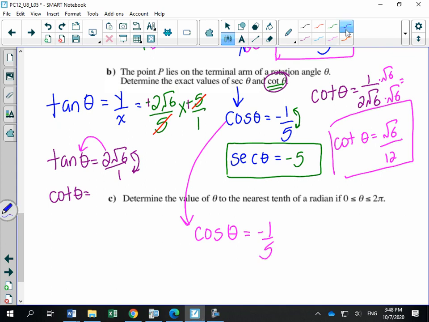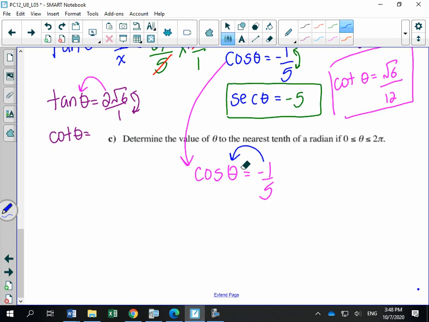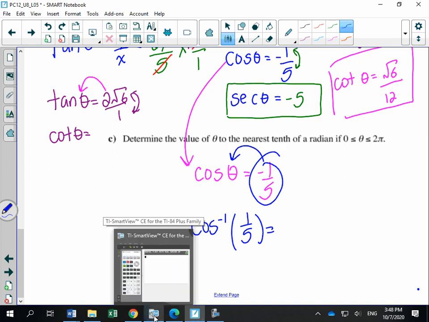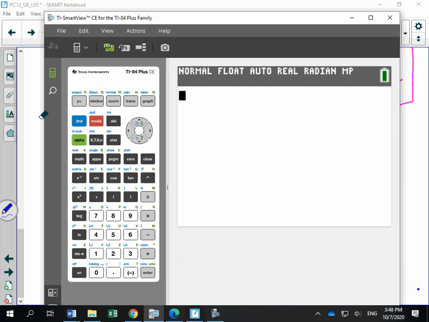So if I was finding an angle, you'd use the inverse of that function. So it's the inverse cos of the absolute value of this, which would be 1/5. And what that would give us would be our reference angle. So let's see what we get.